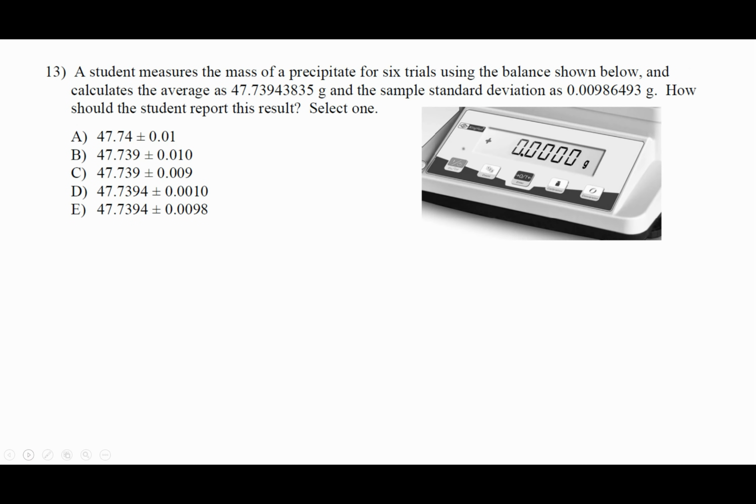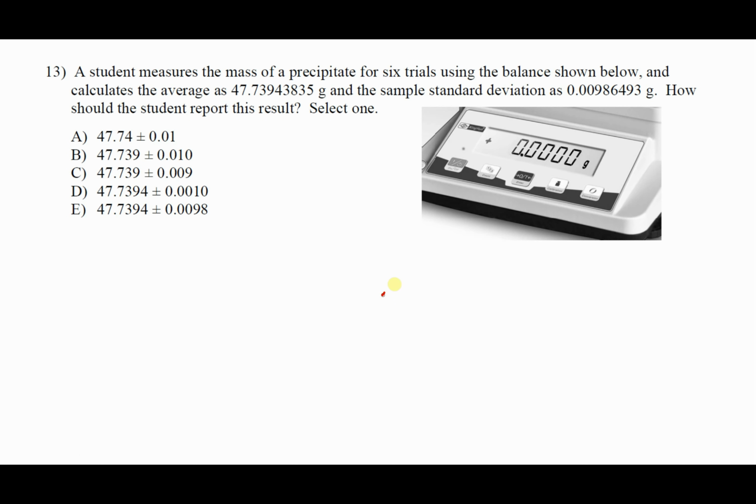A student measures the mass of a precipitate of 6 trials using the balance shown below and calculates the average as 47.73943835 grams and the sample standard deviation of 0.00986493. How should the student report his results? Well, once again, Rule 1, report the error with 1 significant figure.